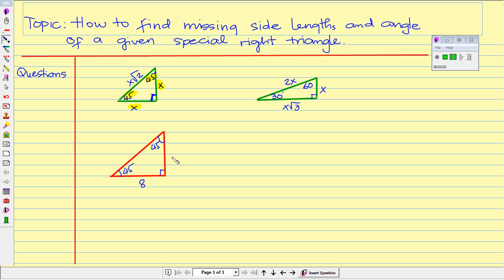There are two side lengths that we do not know, so I'm going to label them Y and R. We want you to find Y and R.